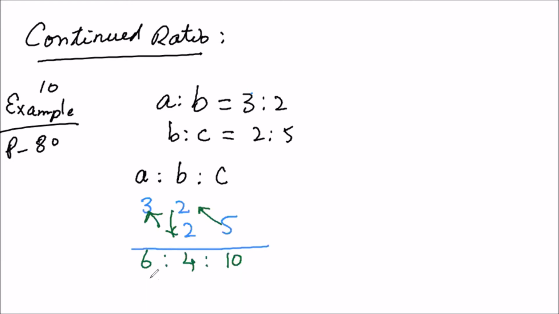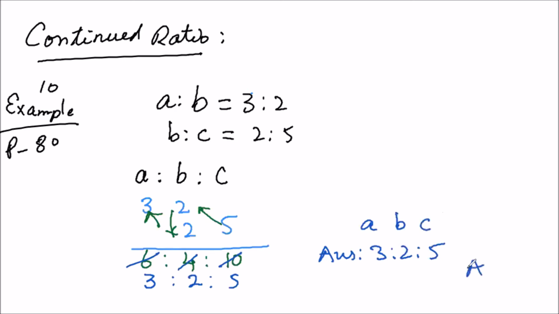So divide 6 with 2, we will get 3, and 2 2s are 4, 2 5s are 10. So our answer is 3 ratio 2 ratio 5. It means if A has 3, then B will have 2 and C will have 5. So ratio is the minimum number.